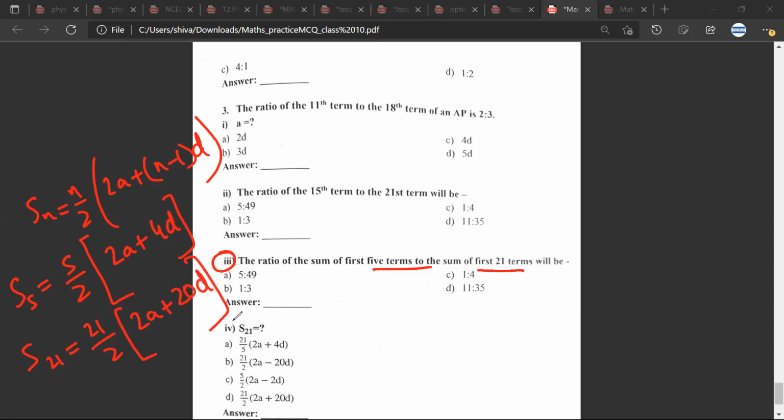Is this correct? Yes, sir, this is correct. So we want to find the ratio. It will be better that you first find the sum, and then once you have the numbers in place, only then you start putting the value of a and d. Have you understood? Yes, sir.